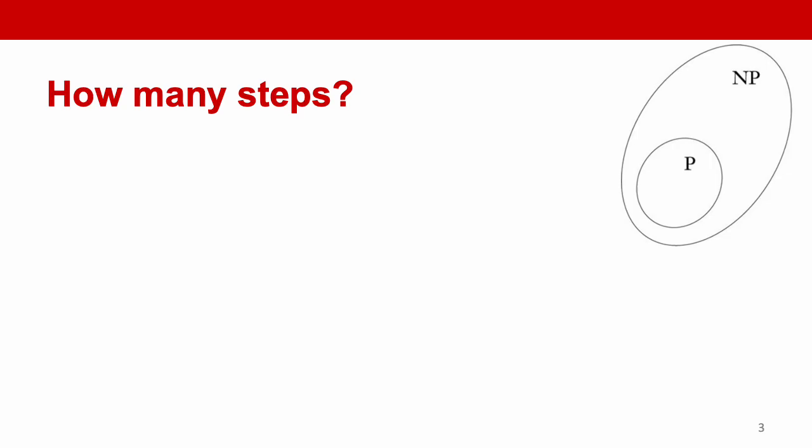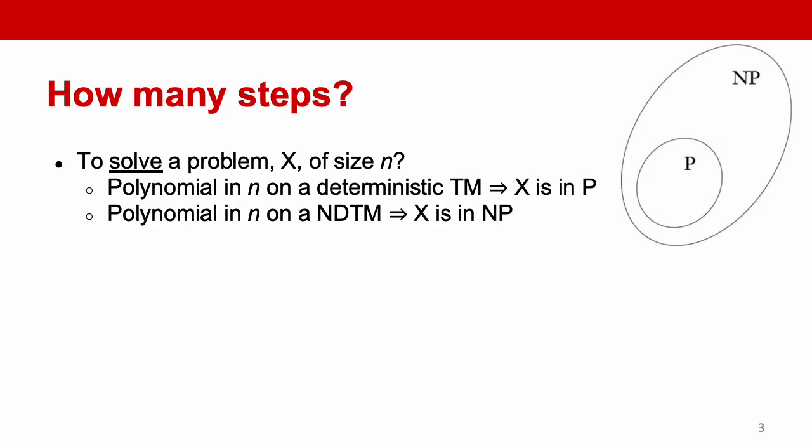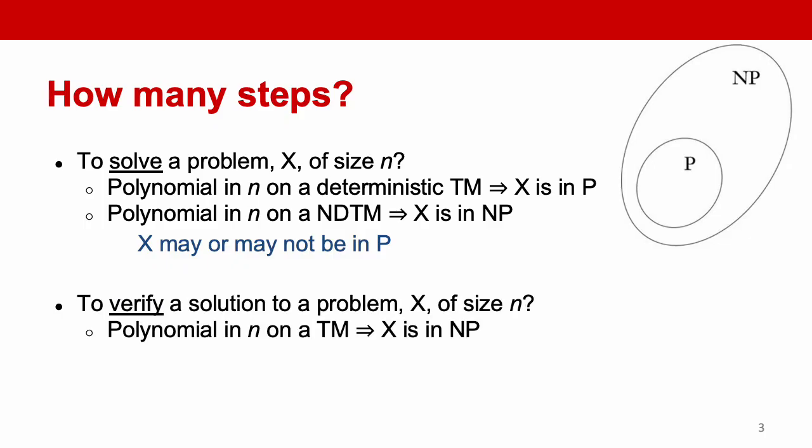So let's ask ourselves the number of steps that it would take to solve a problem. If you wanted to solve a problem X and it had some sort of parameters that were of size n, if it's polynomial in n on a deterministic Turing machine, then X is in P. If it's polynomial on a non-deterministic Turing machine, then X is in NP. Now, X may or may not be in P, we don't know.